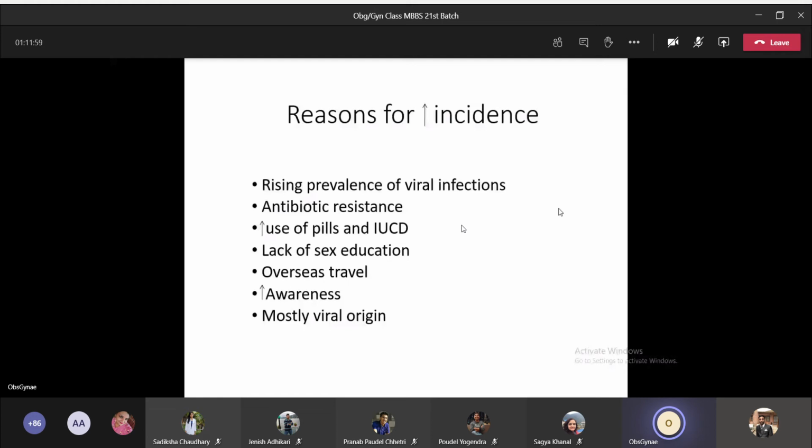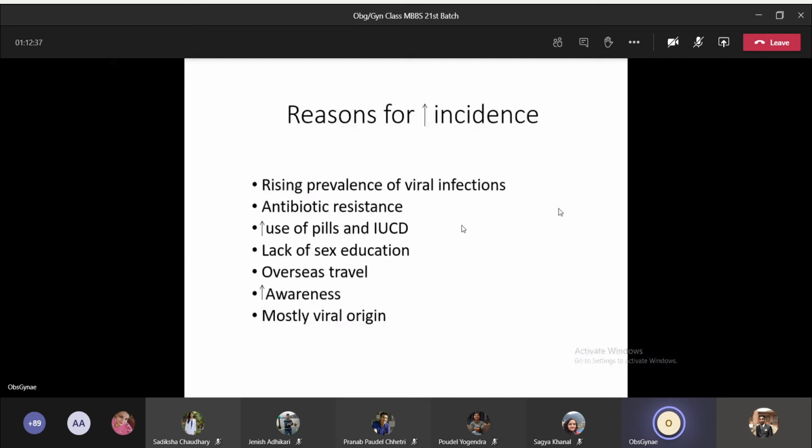The most common cause is the rising prevalence of viral infections like HIV and HPV. In bacterial and fungal infections, we have medicines such as antibiotics, but newer types of viral infection are increasing, like HIV. Because of these causes, the incidence is increasing.